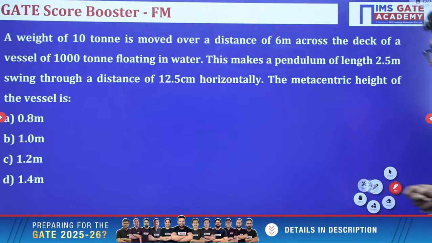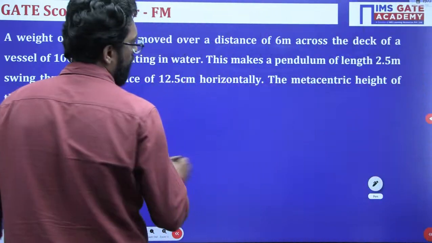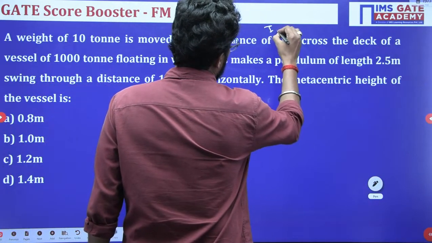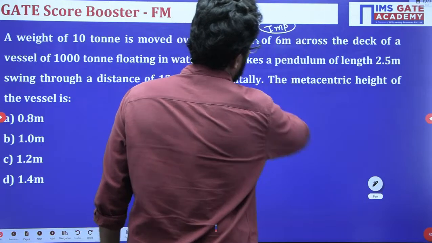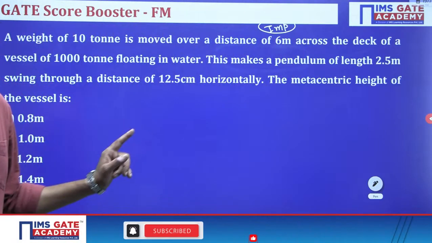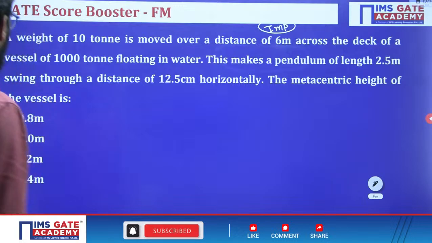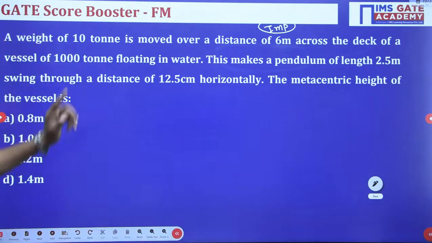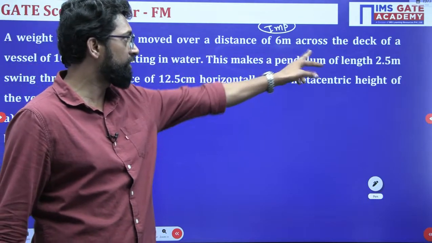and mind it, beta, this is a very good and important problem. Read this question. A weight of 10 ton is moved over a distance of 6 meter.